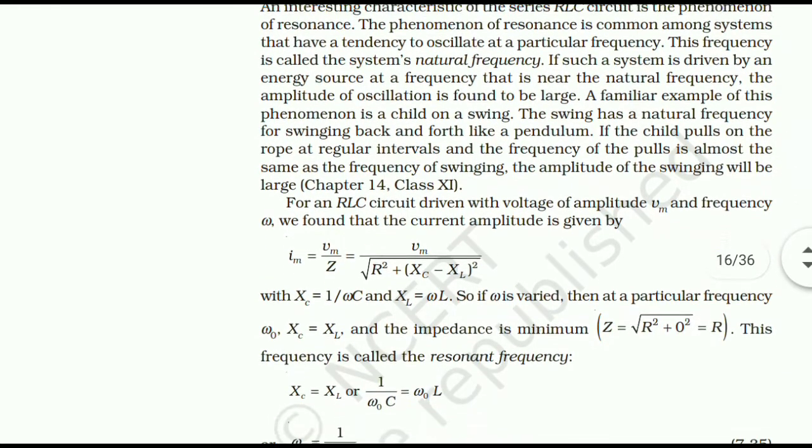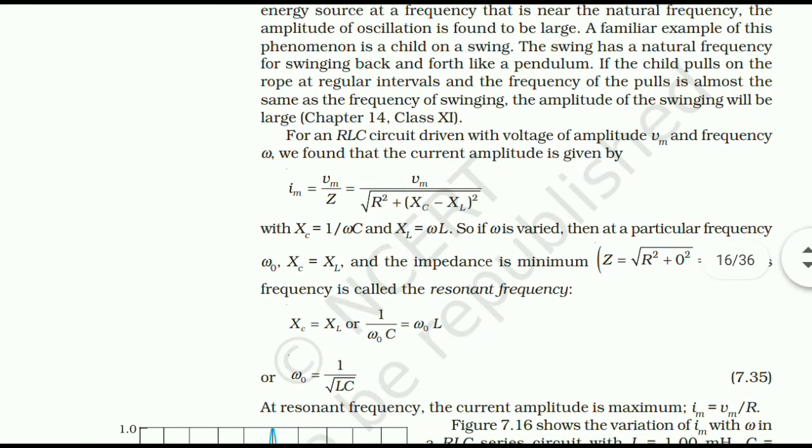For an RLC circuit driven with voltage of amplitude Vm and frequency omega, we found that the current amplitude is given by Im equals Vm/Z, which is equal to Vm over under root R squared plus (Xc minus XL) whole squared, where Xc is equal to 1/omega C and XL is equal to omega L. If omega is varied, then at a particular frequency omega naught, Xc is equal to XL and the impedance is minimum.